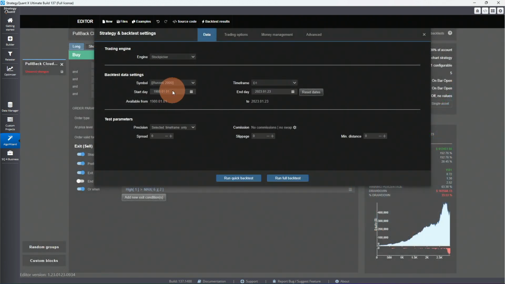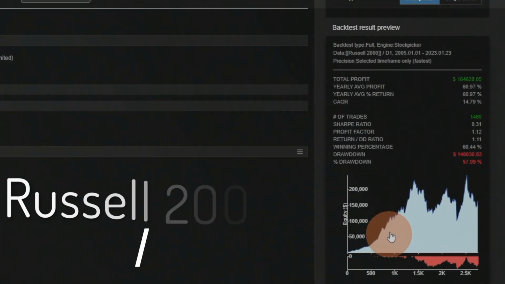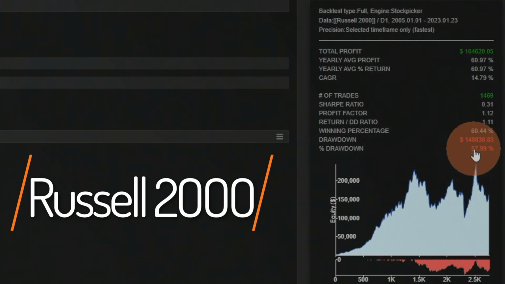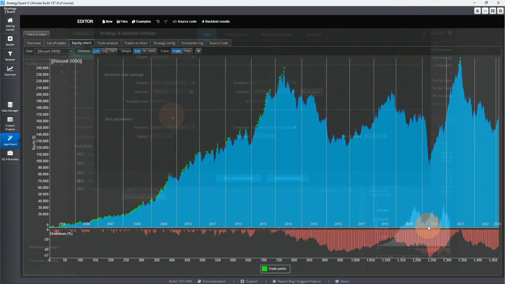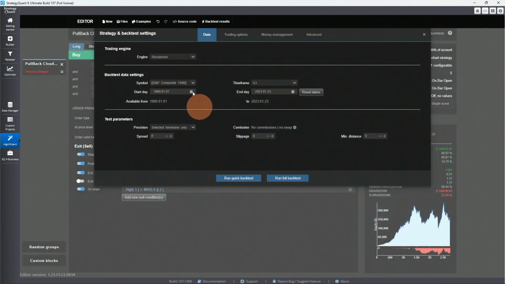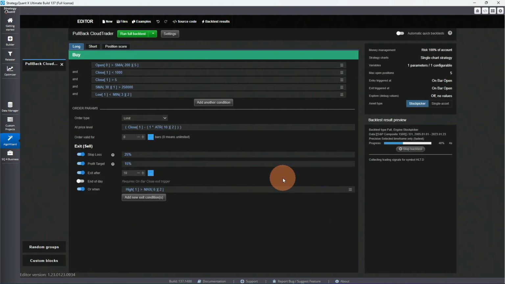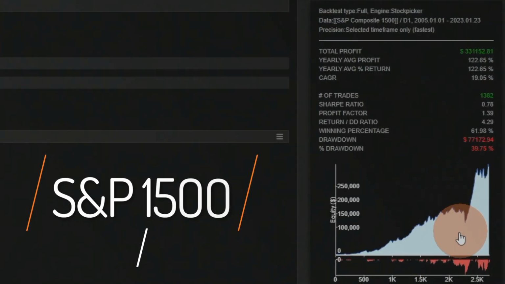Let's go now to Russell 2000, and this is a totally different profile. Also, the drawdown and compound annual growth rate are totally different. This is the S&P 1500. That's 1500 stocks, but again, we're only trading 5 symbols maximum. And again, this one is totally different.